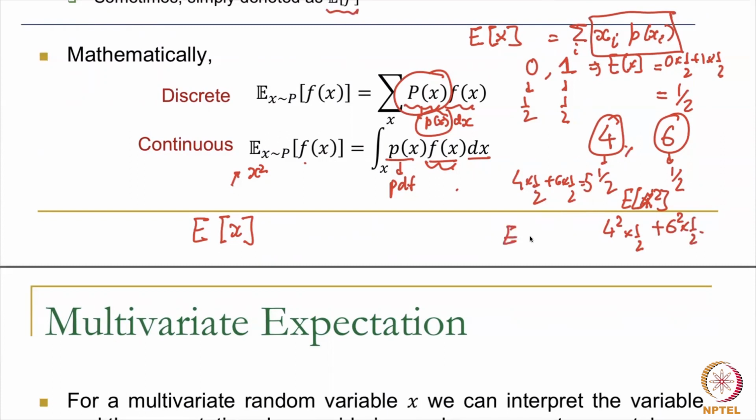So this would be the expectation of X square, where f of X is X square. But the simplest expectation is the expectation of X itself. So expectation of X is the integral of X, P of X dx over all possible ranges of X.